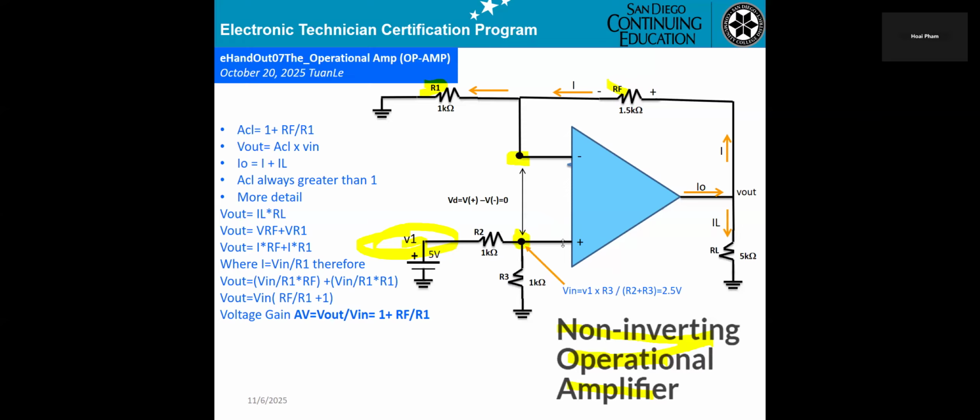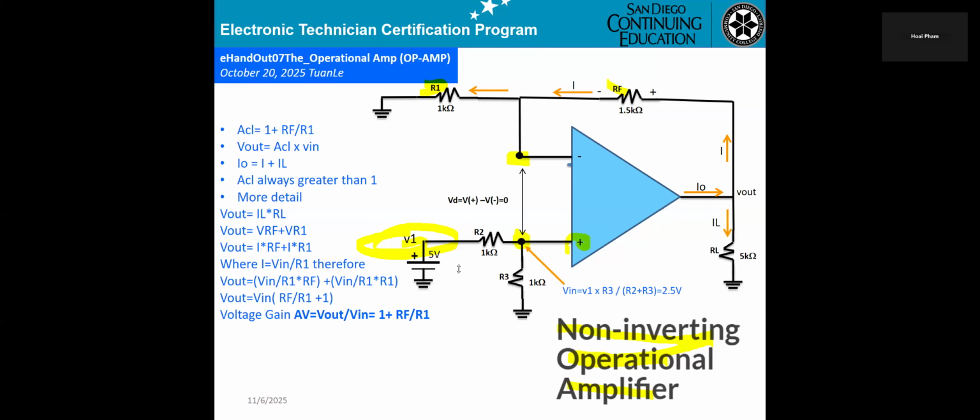When you're working on the op amp, the input has to be at this point, not V1 here. The input has to be connected directly to the positive.